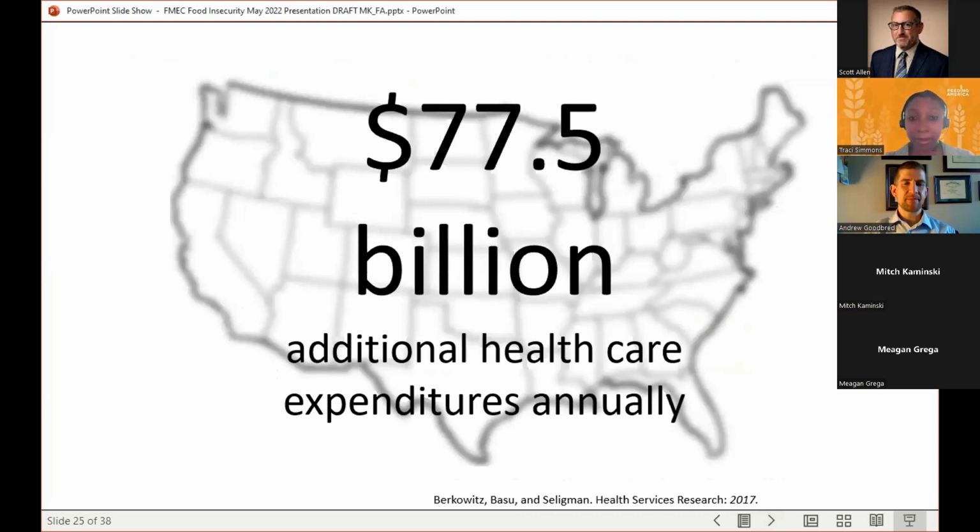And so if we're thinking about broader opportunities to reduce these numbers and reduce the burden on the healthcare system, we can think about opportunities to collaborate with food banks as critical partners in this journey to address food insecurity, but also to understand how that might impact a shift in positive health outcomes.